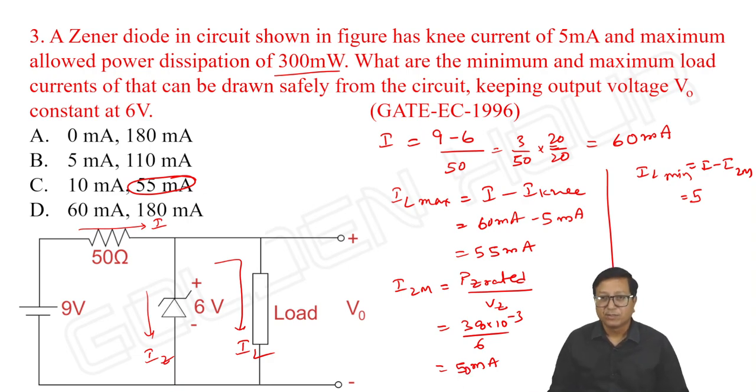So 60 minus 50, it is 10 milliampere. Mathematical calculation mistake. Okay, fine. I wrote 30, it is 300. So this is the answer. It's a simple one.